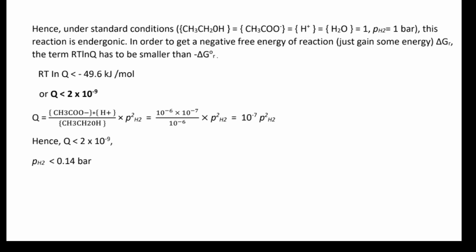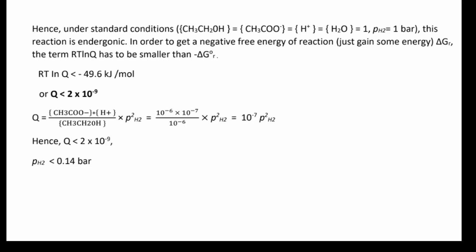Okay, so under standard condition, all these values, acetic acid, acetate, H plus, H2O will be 1 and partial pressure of H2 will be 1 bar. So this reaction is endergonic, meaning Gibbs free energy of reaction is positive. In order to get negative Gibbs free energy, delta GR, the term RT ln Q has to be smaller than the change in Gibbs free energy of reaction.